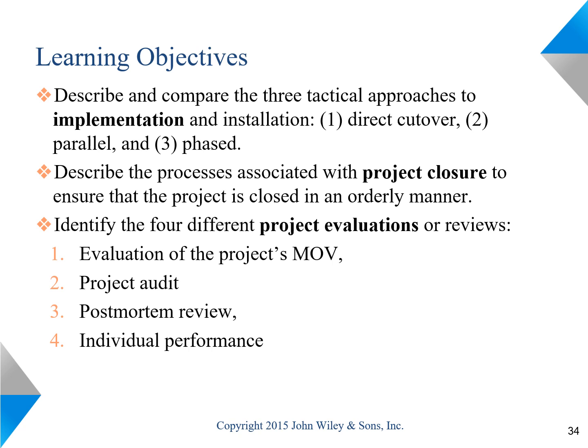We also talk about project closure and the ways, processes, and procedures that we can use to close a project in an orderly fashion. And lastly, we talk about four different ways to evaluate our project and project performance. Those are from the perspective of MOV, that's one way of evaluation, project audit, post-mortem review, and individual performance.